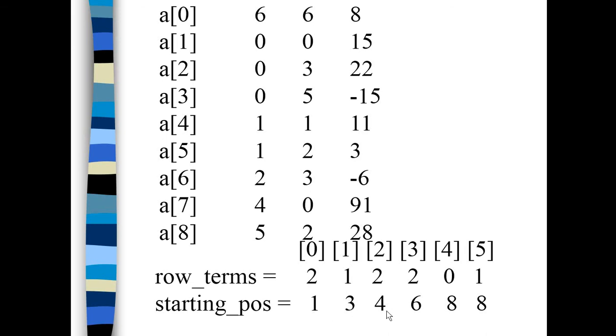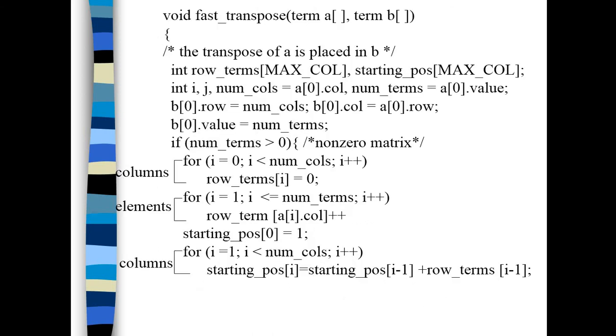Then 3 plus 1 is 4, so from the fourth location we will get the value; that is the position in the sparse matrix to store the second row. 4 plus 2 is 6, meaning the third row will start from there. 6 plus 2 is 8, meaning from that location the values will be stored. 0 plus 8 means from the 8th position the values will be stored. So this is how we use the row terms and the starting position.